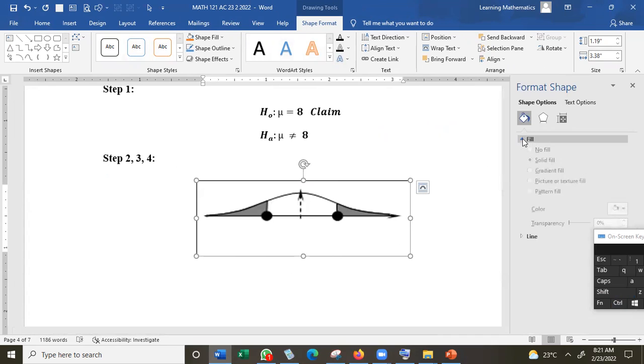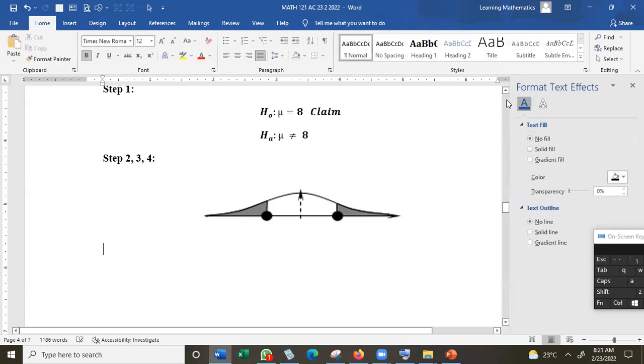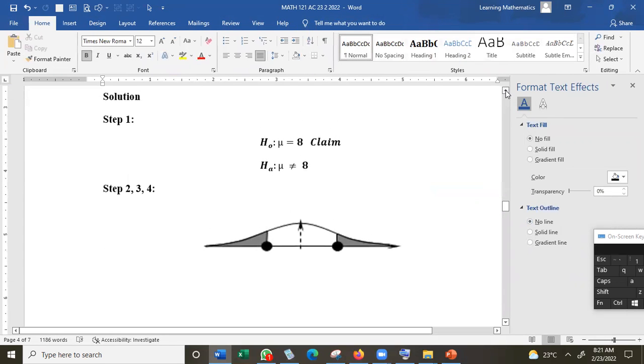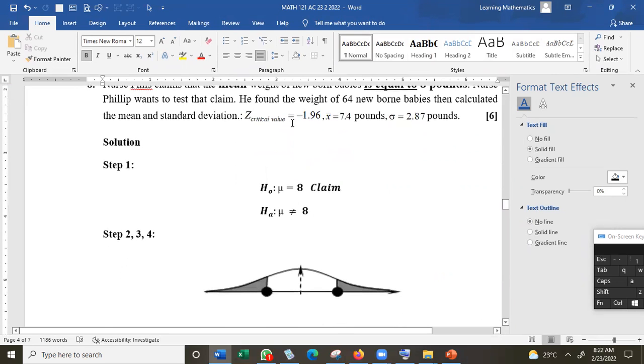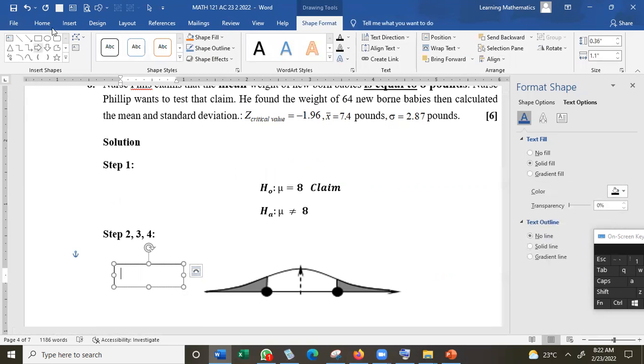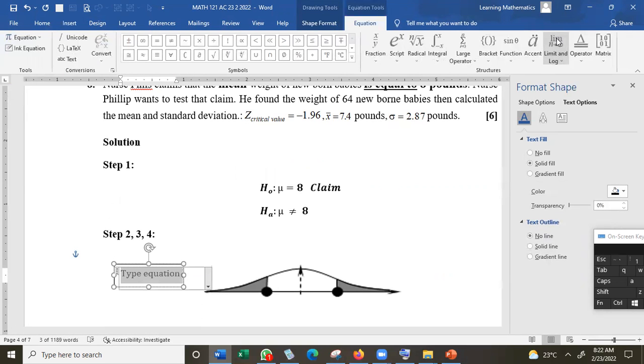Bear in mind, we call this the critical value approach, so it's the critical value we have to be using here. The critical value is minus 1.96. There it is, the Z critical value, negative 1.96.